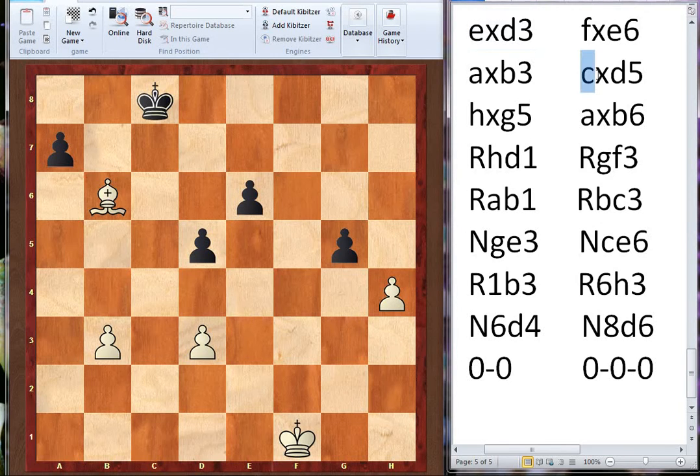See, it is written here, small c into D5. White pawn captures this fellow, small h into G5. See, small h into G5. And this pawn captures this bishop, small a into B6.